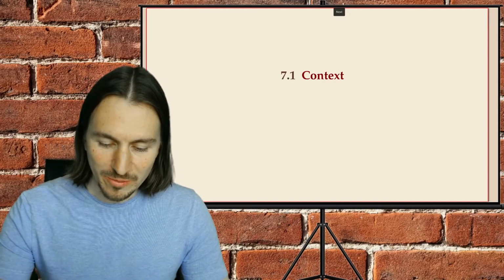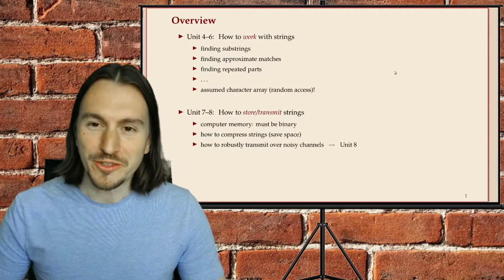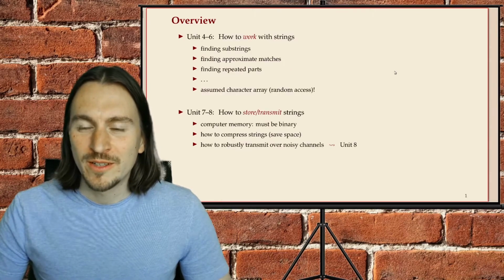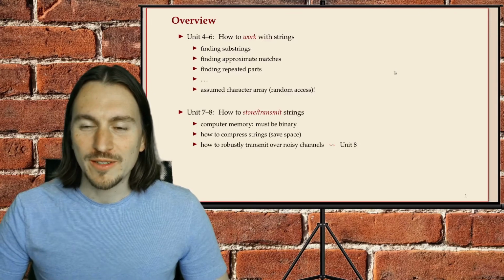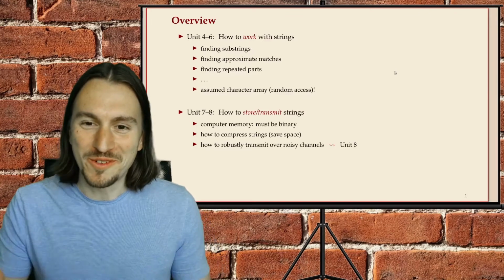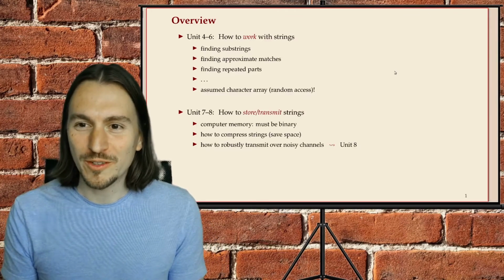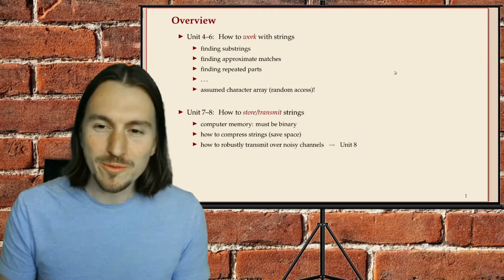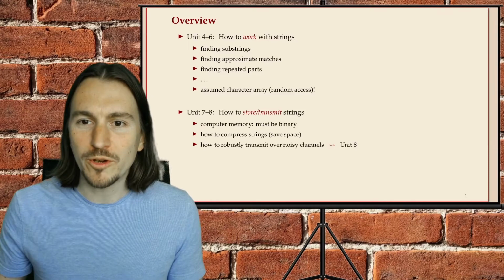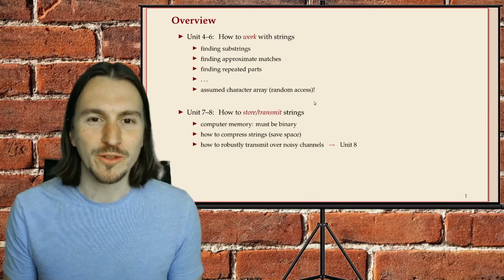So let's get started with what compression is about. If you remember the last couple of weeks and before the Easter break, we were talking about strings and string matching already. And these units were really about how to work with strings if they are represented in a convenient format for us.